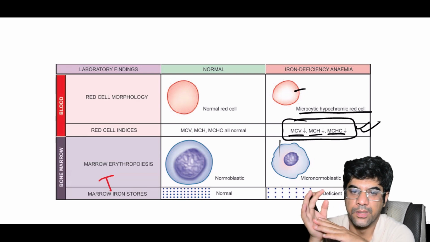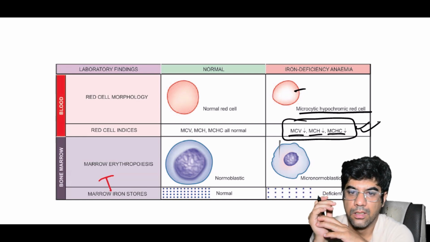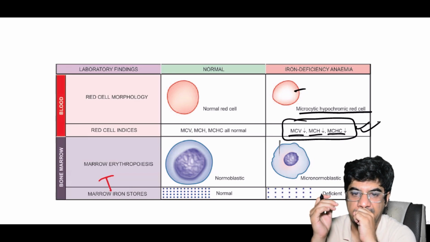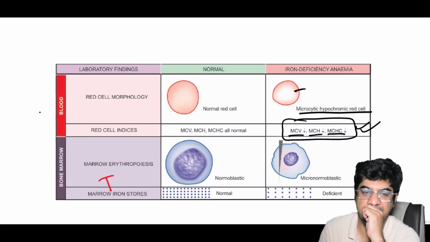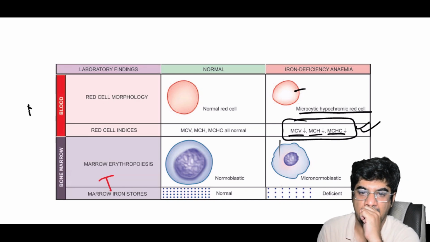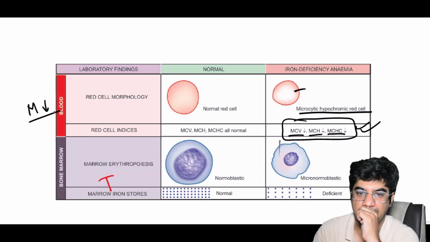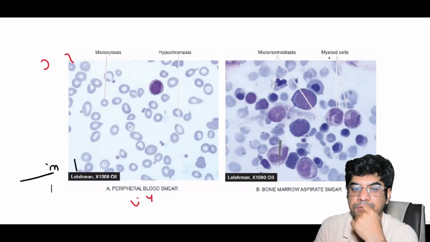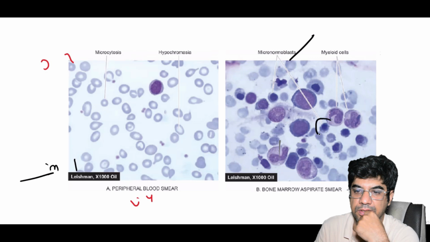Apart from that, you can do bone marrow examination. The marrow cellularity is increased, and the myeloid erythroid ratio decreases. Here you would see predominance of small polychromatic normoblasts that are known as micronormoblasts.